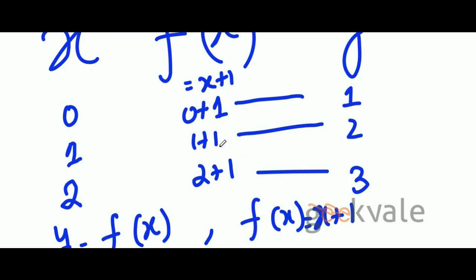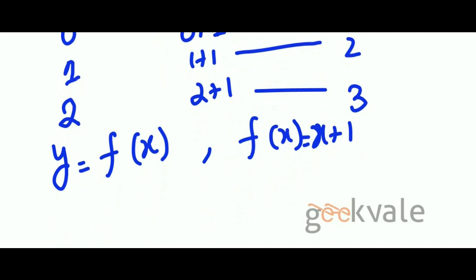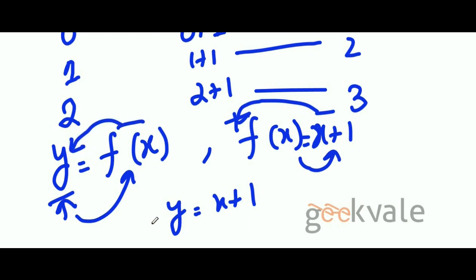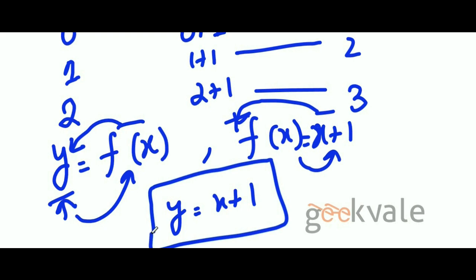And if f of x, the process being done on the input, is equal to x plus 1, can I say that y is also x plus 1? From there, because the output was equal to the processed input. The processed input was what? The processing of the input that is being in process. So if x plus 1 is equal to f of x, and if f of x equals y, I can say that y is equal to x plus 1.